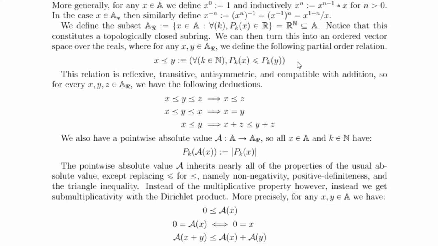This isn't a total order. It's possible for some projections to be larger and some projections to be less. So not every two elements can be compared. But among the ones that can be compared, this relation is reflexive, transitive, antisymmetric, and compatible with addition.